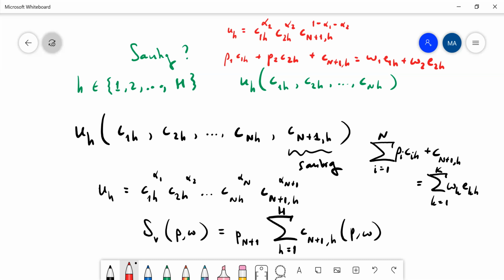Okay, now if you solve this problem, you of course find it as a function of factor prices for each household, then you sum over households, you find the total saving, and you basically use the price index to find the monetary value. Okay, that's it.